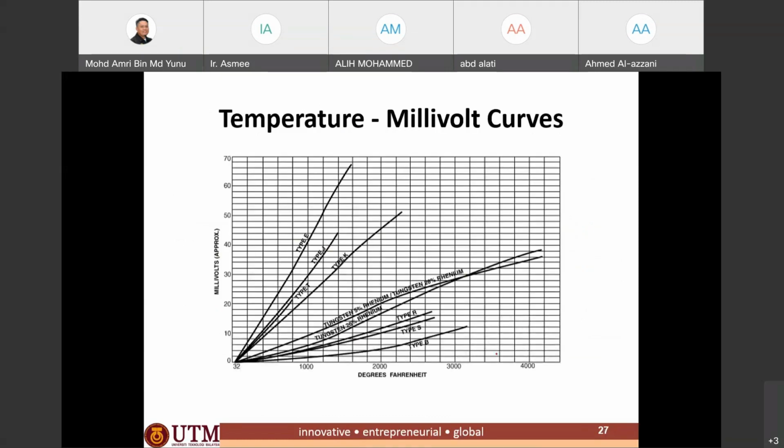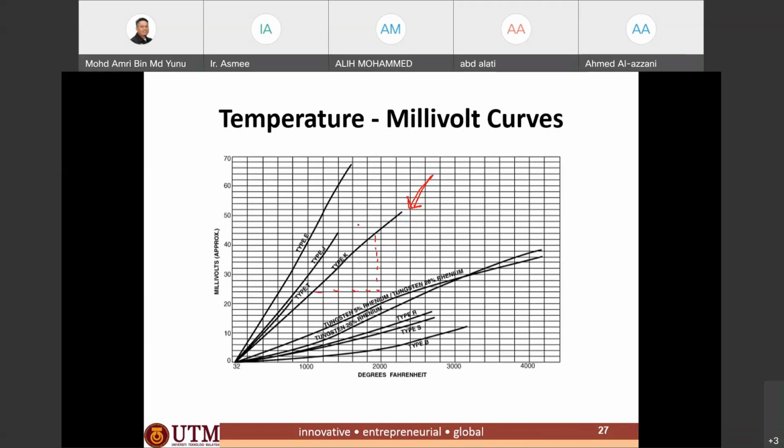Here we look into the comparison between the thermocouples. Like in the statement before, type K is the general one, whereas it has medium sensitivity. It's not low and it's not high, it's in the middle range. And it can measure at 1000 degrees Celsius.